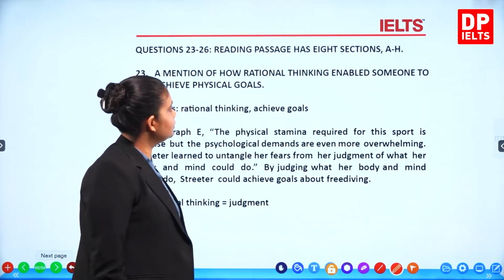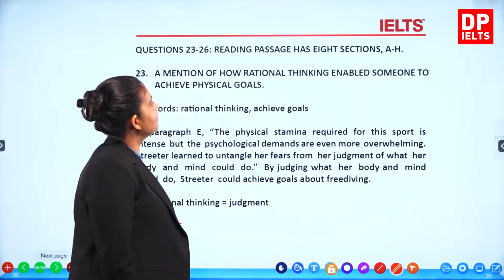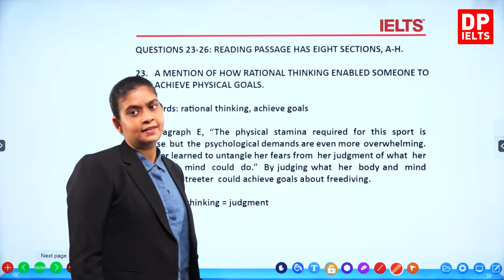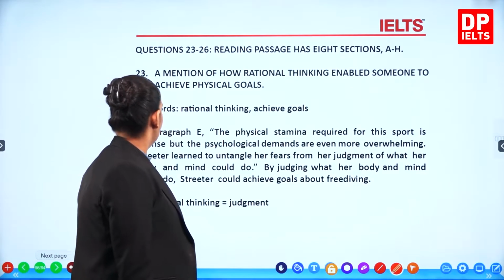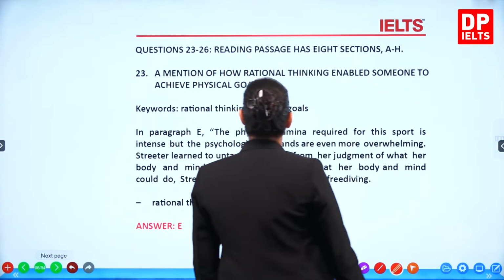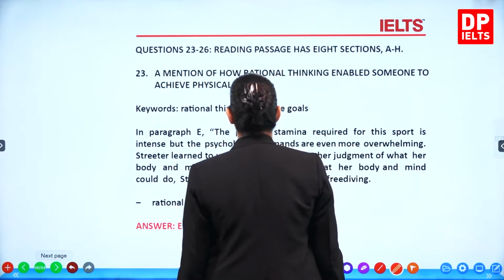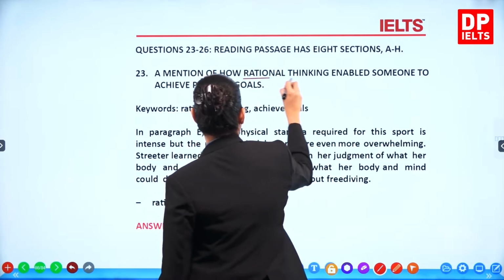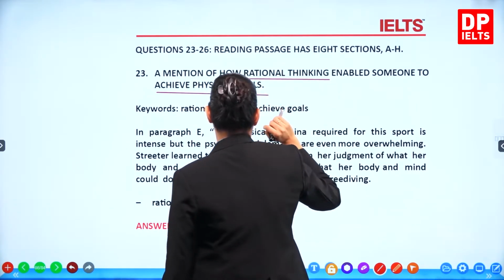Questions number 23 to 26. Read passages, and this section has 8 passages, or rather 8 sections. A mention on how rational thinking enabled someone to achieve physical goals, right? So mention how rational thinking can achieve physical goals.